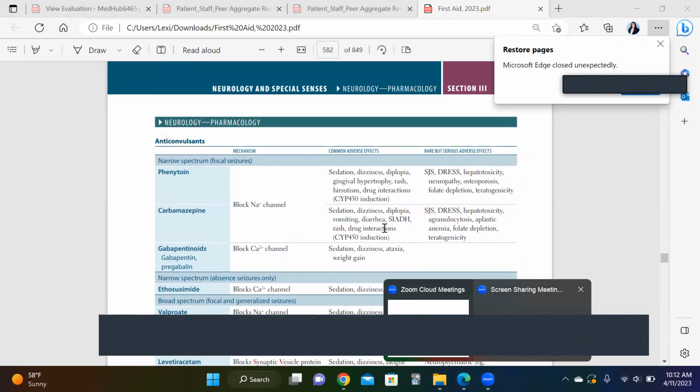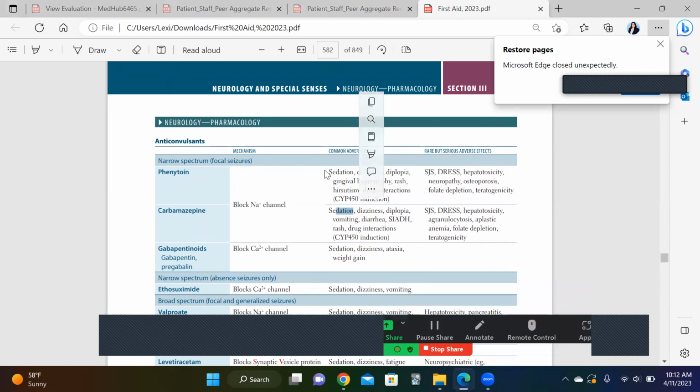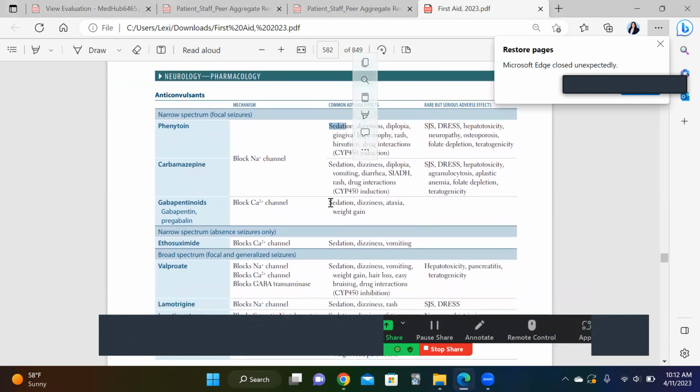Sedation, dizziness, diplopia, gingival hypertrophy, rash, hirsutism, drug interactions, the CYP450 induction. Okay, so sedation for any neuro drug is like nausea and vomiting for any GI med. You're not going to memorize it. Every single neuro drug is going to cause it, right? If I look here, I see sedation, sedation, sedation.